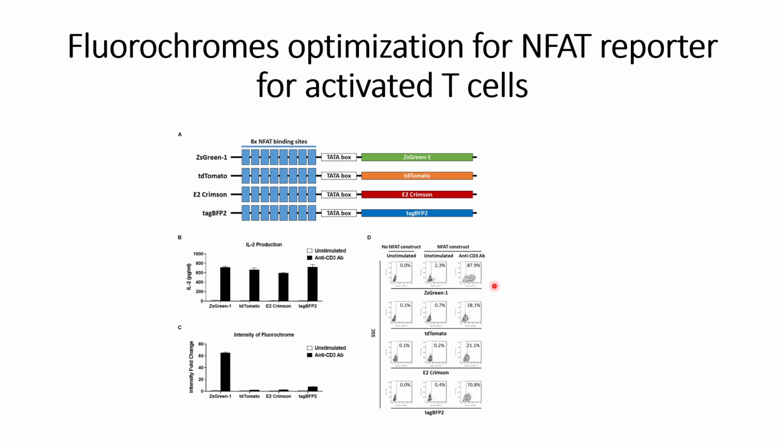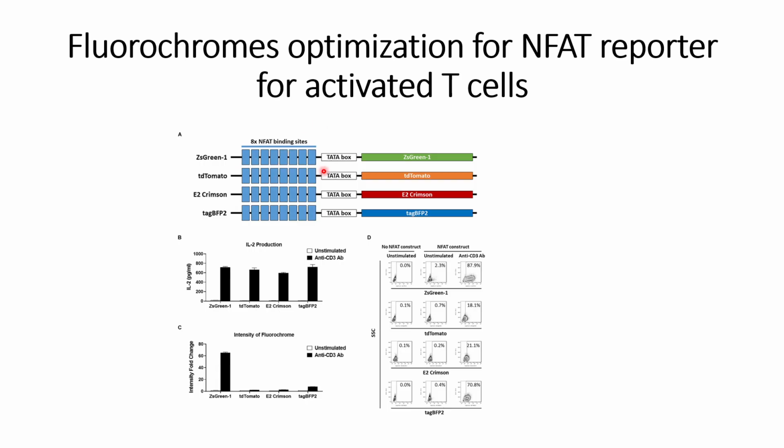So in this case also it is confirmed that though the signal for TagBFP2 is also high, they got better signals when they used the ZsGreen reporter protein. Till now they have optimized 3 different things about their NFAT reporters for activated T cells.